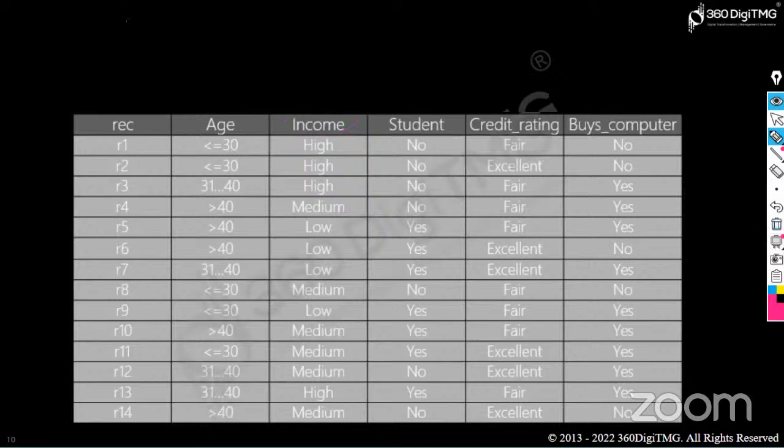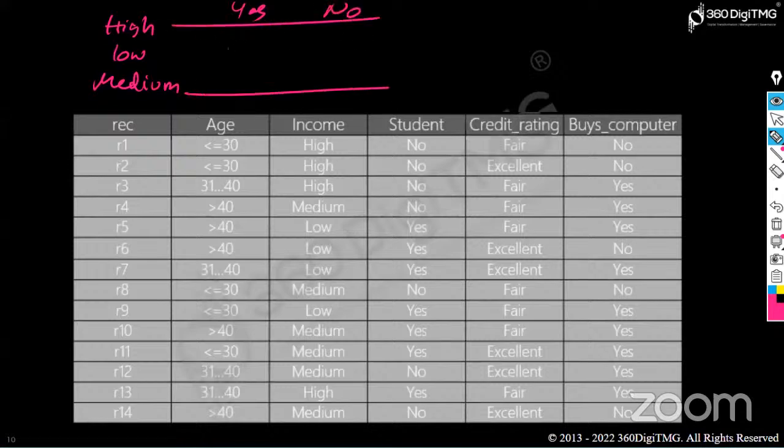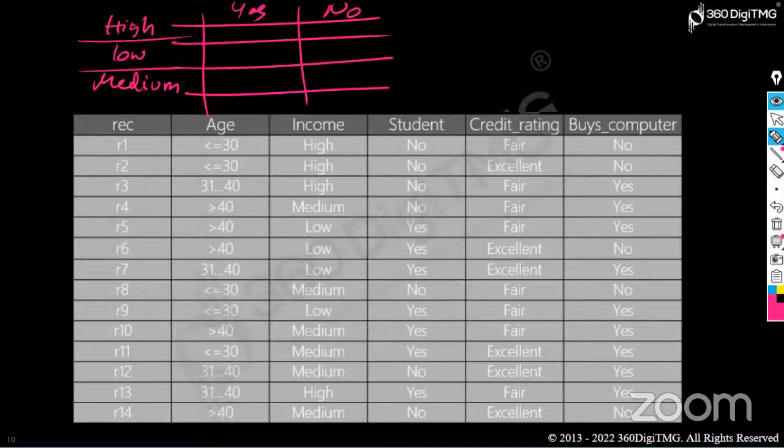So let me write clearly. So high, low, and medium, saying yes and no. So at the end, you should get, so here I need to get 14.